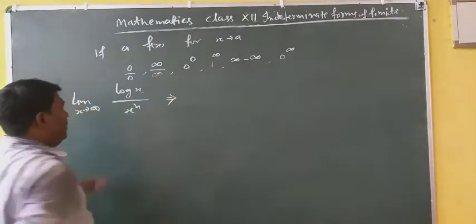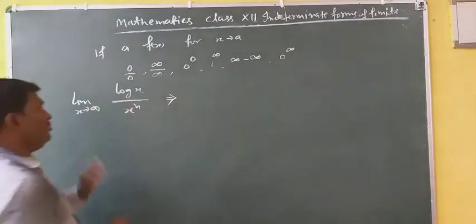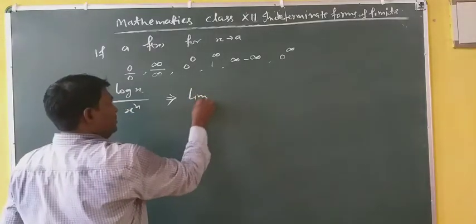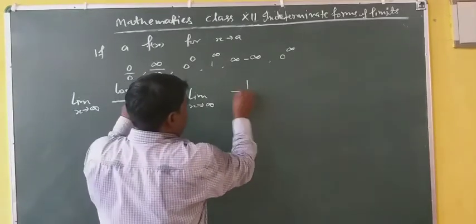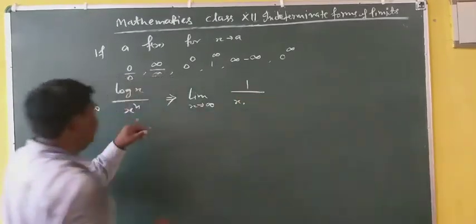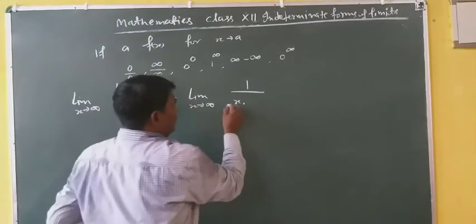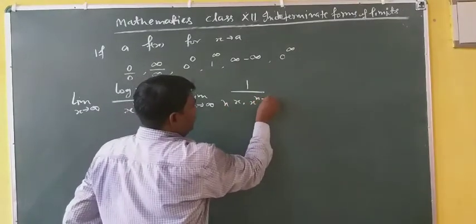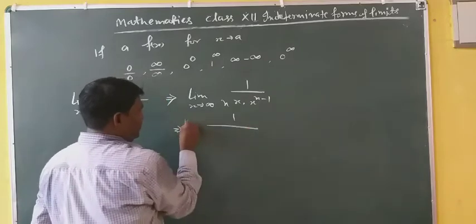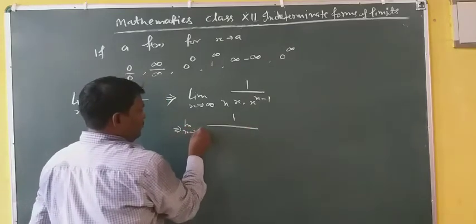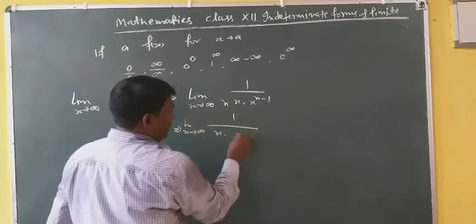That's why, applying L'Hospital rule, limit x tends to infinity. Here the differentiation of log x is 1 by x and the differentiation of x power n is n into x power n minus 1. It implies 1 upon limit x tends to infinity n into x power n.